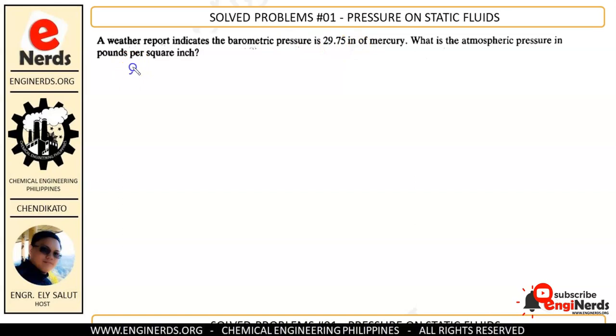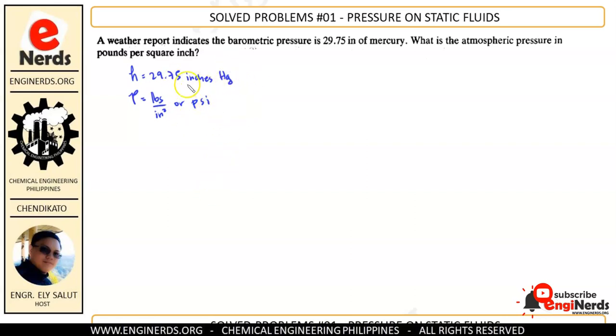So, our H is equal to 29.75 inches of mercury. And then, ang pinapahanap sa atin is kung ano yung atmospheric pressure natin in pounds per square inch. Okay, or PSI, pounds per square inch.